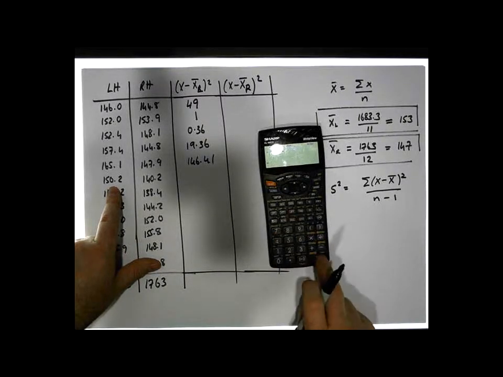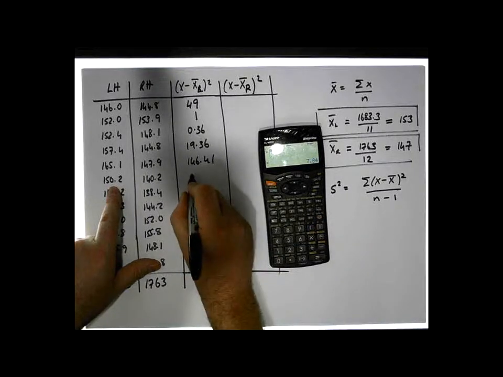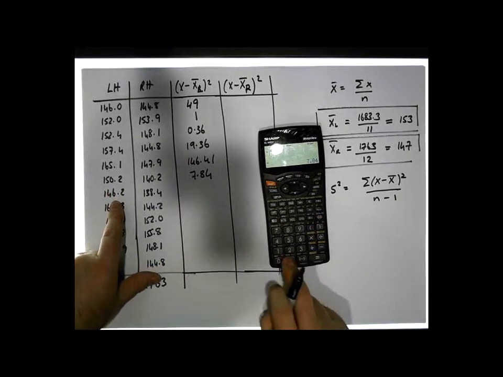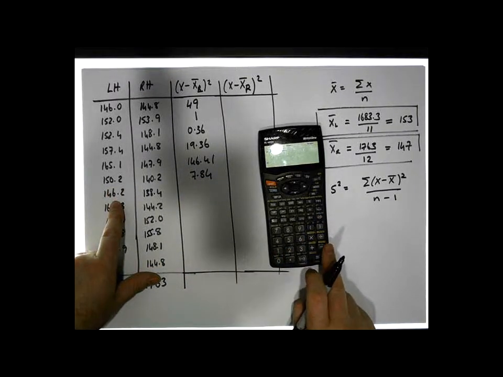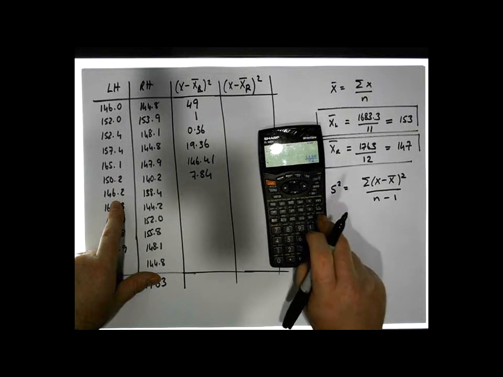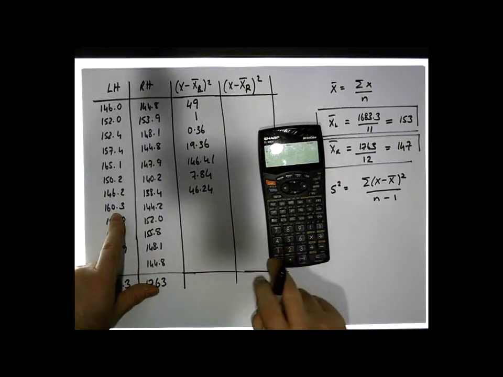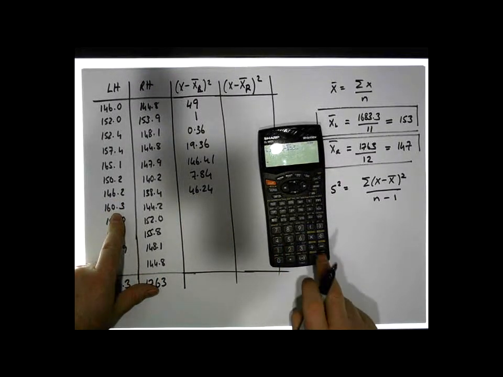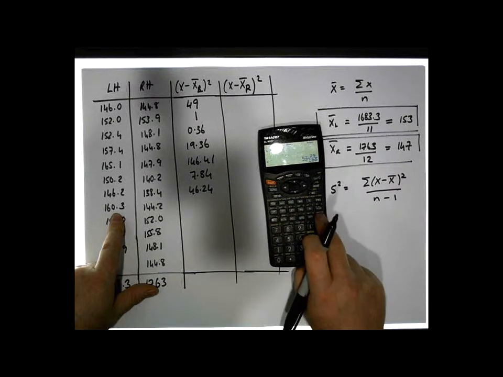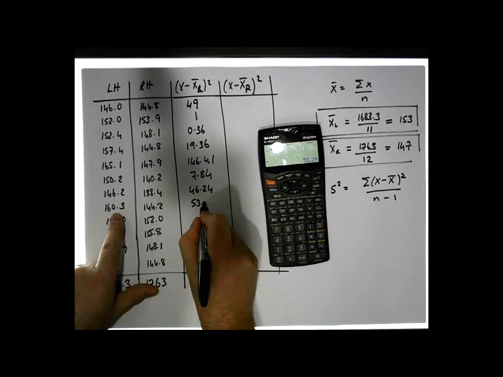When we square that, that gives us a value of 7.84. Then we have 146.2 minus 153. When we square it, that gives us a value of 46.24. Then we have 160.3 minus 153. When we square it, that gives us 53.29.